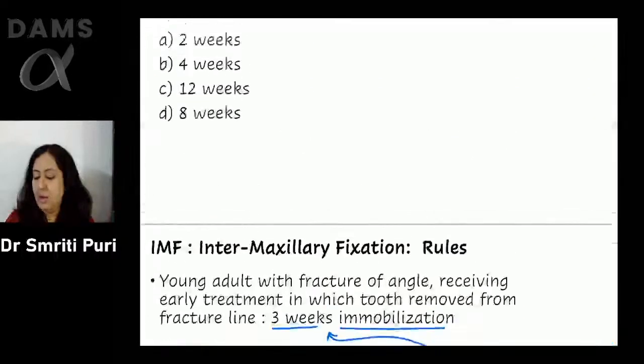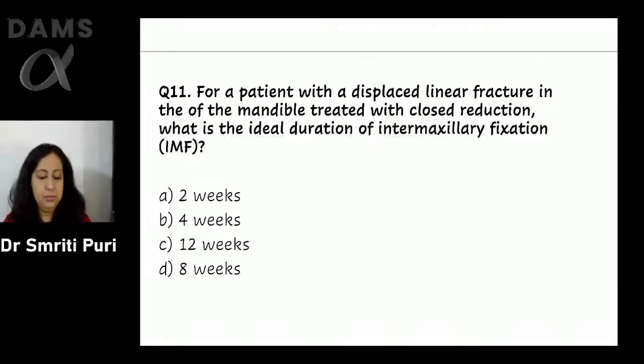Okay. Now let's see. For a patient with a displaced linear fracture of the mandible, treated with closed reduction. Here they have not given you any information regarding the site, the age of the patient, whether tooth was removed or retained, or whether the patient received early or delayed treatment. It is just saying a displaced linear fracture.